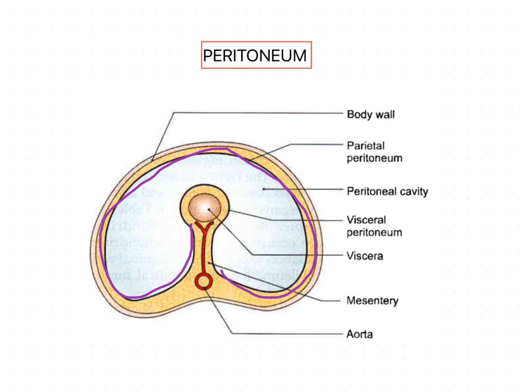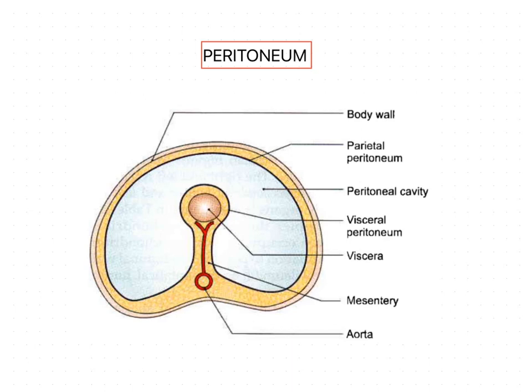Histologically, the peritoneum is composed of two layers. One is the outer layer, which is made up of fibrous tissue which gives strength to the membrane, and the inner layer consists of mesothelial cells which secrete a serous fluid which lubricates the surface, thus allowing free movements of viscera.